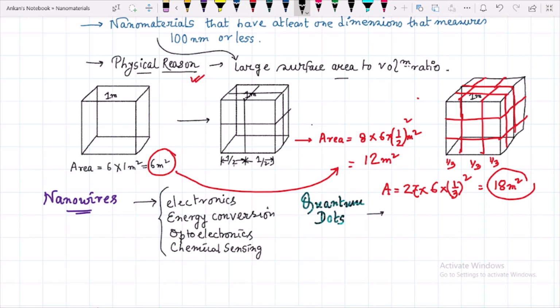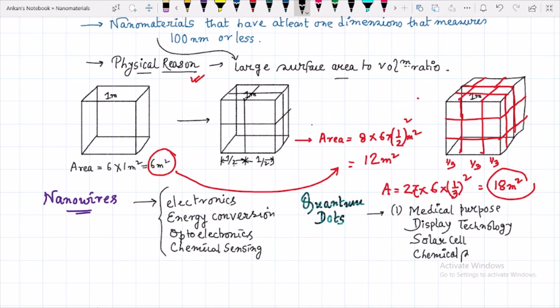Quantum dots have immense application in medical purposes, display technology, solar cells, as well as in chemical synthesis, such as synthesis electrodes.